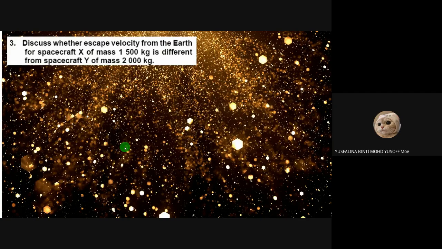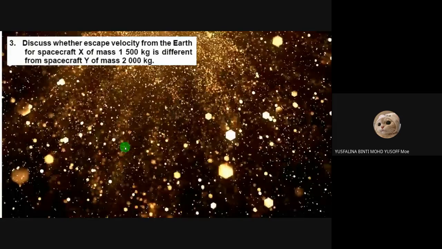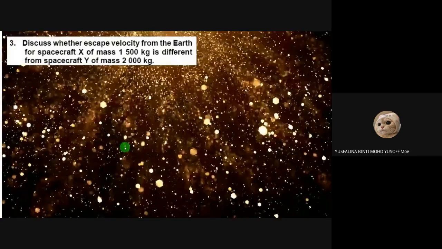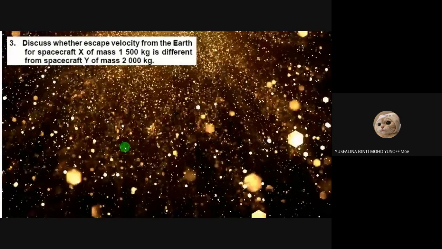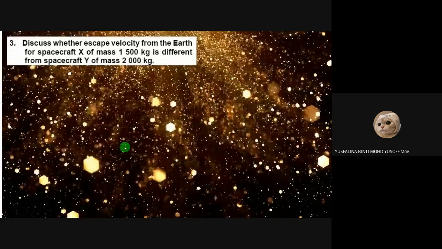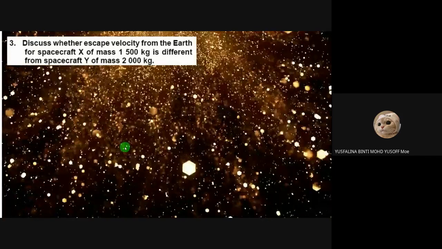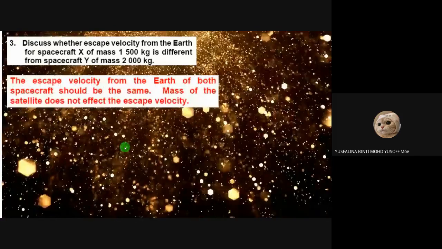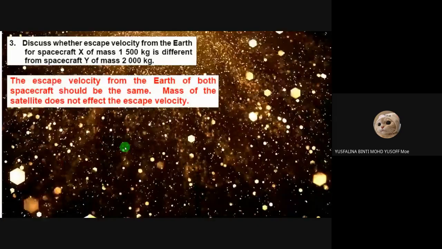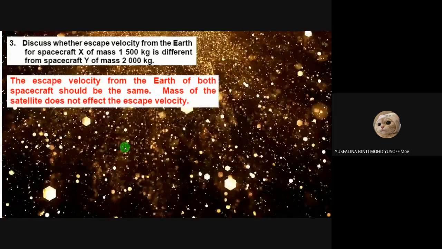So this one, discuss whether the escape velocity from the Earth for spacecraft X of mass 1,500 kg is different from spacecraft Y of mass 2,000 kg. They are launched from Earth but have different masses, one 1,500 and one 2,000. The escape velocity should be the same because it only depends on the mass and the radius of the Earth.